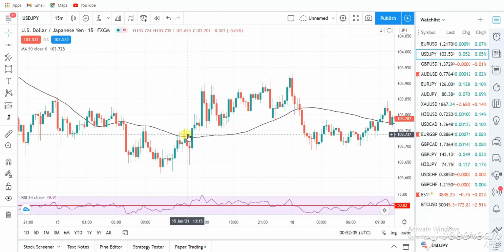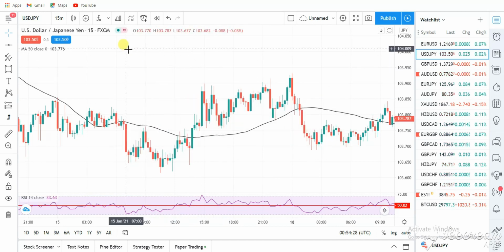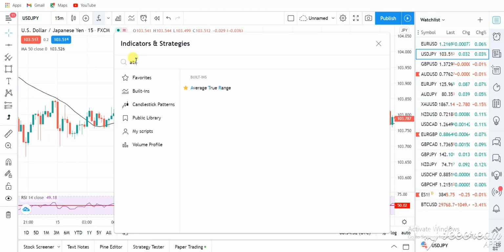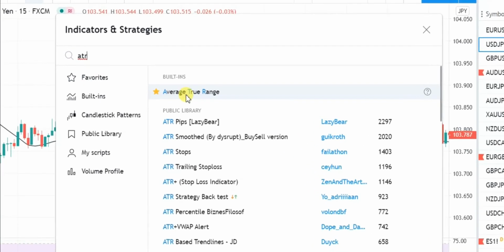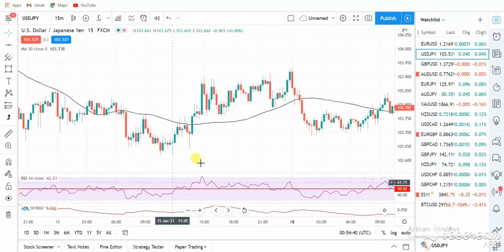Before we get into this trade, I know that since the start of this video, you've been wondering, how do we place our stops and targets? So yeah, XO is to the rescue. Let's look for this indicator called the ATR, which stands for the average true range. As you can see, the average true range is on our chart, and this is going to help us set our stops and targets.